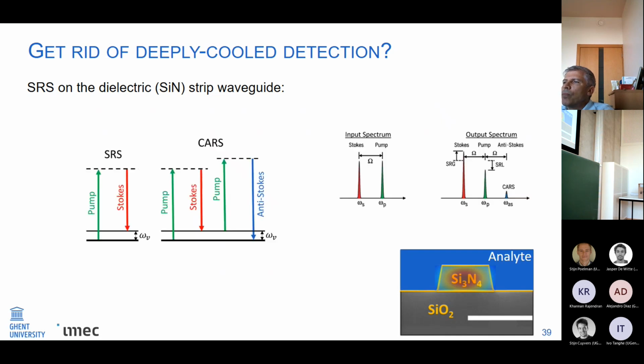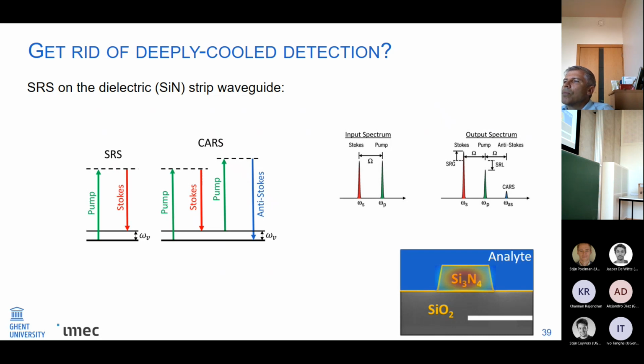Therefore you can use coherent Raman scattering techniques such as stimulated Raman scattering or coherent anti-Stokes Raman scattering, where the idea is that you actively drive the molecular vibration and you generate coherent Raman signals that will constructively interfere. You basically can boost your Raman signal in that case, and you no longer only send in one laser, but you also send in a second laser, a Stokes laser, and by doing so, you actually increase the probability that Raman scattering will occur.